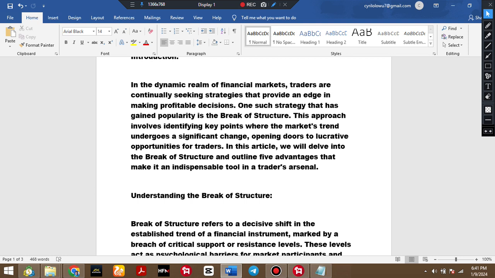This approach involves identifying key points where the market trend undergoes a significant change, opening doors to creative opportunities for traders. In this article, we will delve into the break of structure and outline 5 advantages that make it an indispensable tool in traders' arsenal.